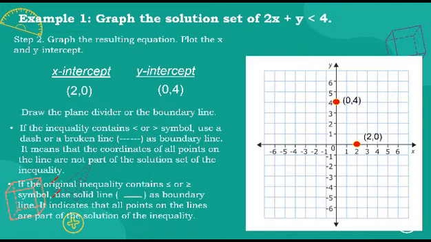If the original inequality contains less than or equal to or greater than or equal to symbol, use a solid line as the boundary line. It indicates that all points on the line are part of the solution of the inequality. Since the given inequality uses the less than symbol, we will draw a broken line as the boundary line.